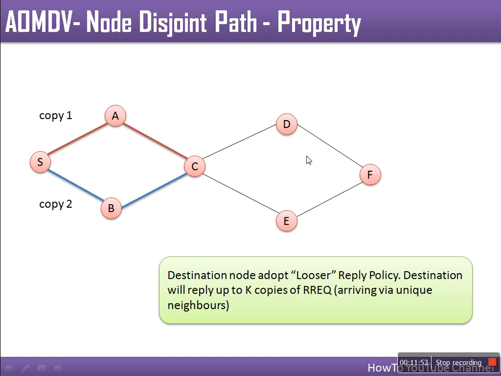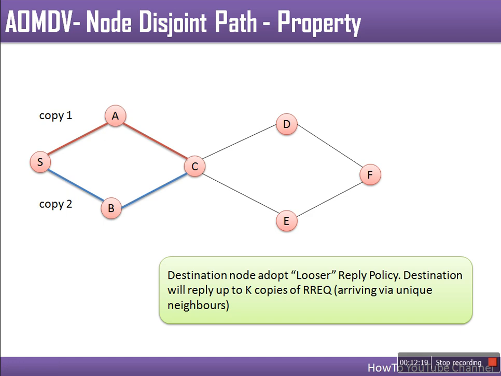So here, if we consider this scenario, this node has broadcast its route request query packet. We denote this copy 1, and this is copy 2. It will be sent to A, it will be sent to C, and this copy 2 goes via B to C. So C is receiving multiple copies of the same route request query.